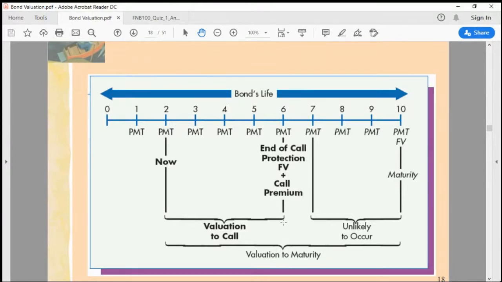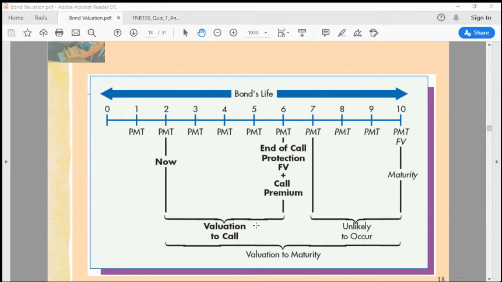And how do you value the bond? Normally the valuation would be from year 2 through year 10 if you're in year 2. But because the bond can be called anytime after year 6, you cannot use these 8 years as the timeline. You'll have to use this as the timeline.